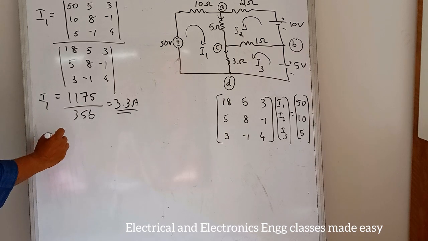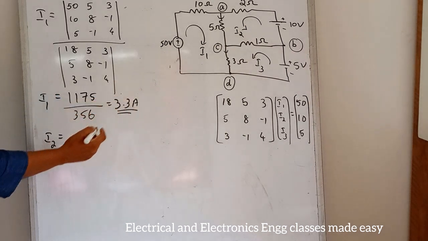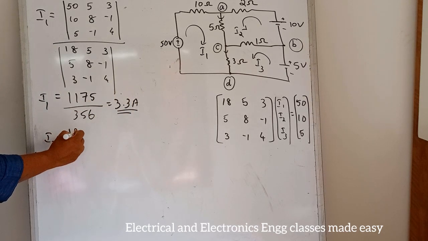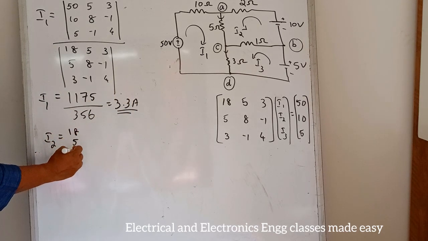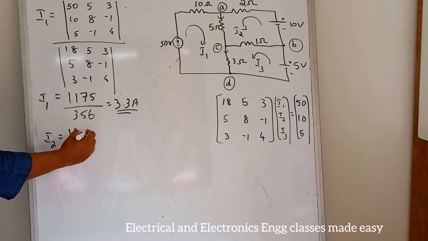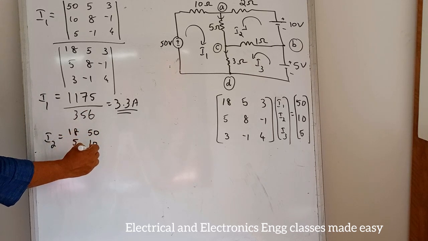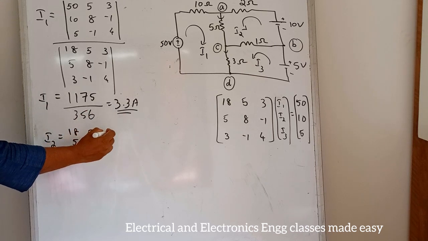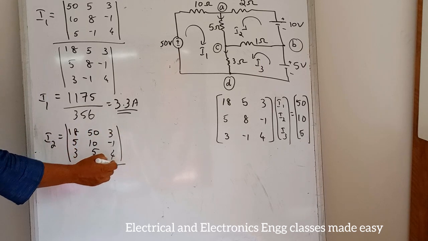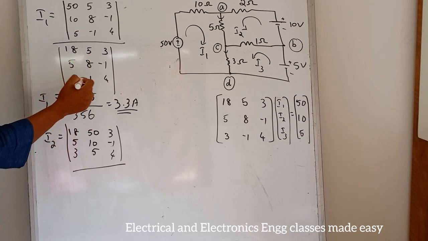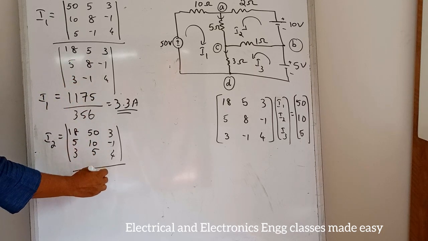Similarly, we can find I2. I2 is equal to, change the second column elements, that is 18, 5, 3, then 50, 10, 5, 3, minus 1, 4. So determinant of this one divided by the determinant of this one, that is 356.